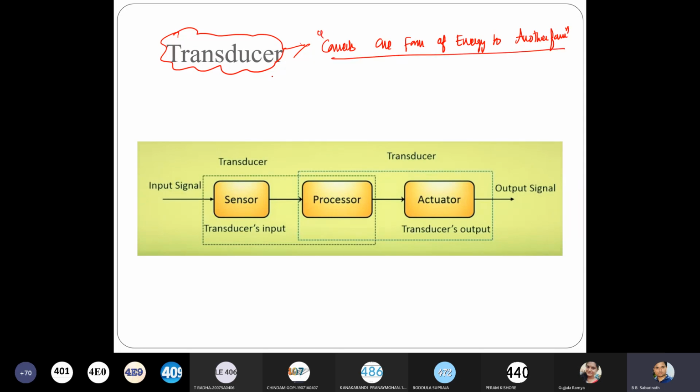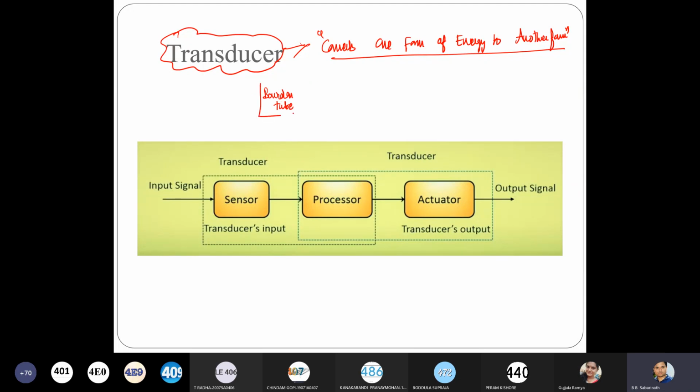For example, you want to fill air in your scooter or in your car. The user keeps a pressure meter, which is called a Bourdon tube, and checks the pressure inside the tire. Based on that, he fills the air inside the tire.